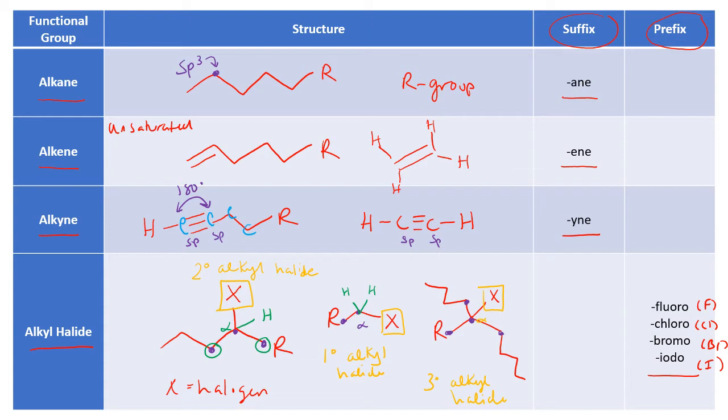I could have just abbreviated my alkyl halide just as well as this. 3 R groups, could be the same, could be different, and then an X coming off there. That would also represent a tertiary alkyl halide as well, because we don't care about what those carbon chains are. They're not important.